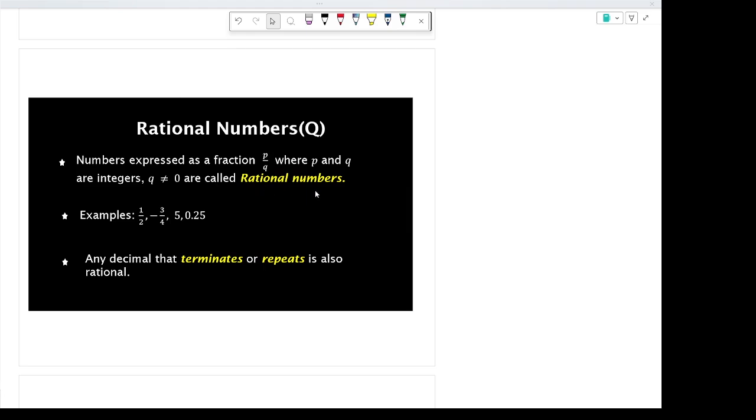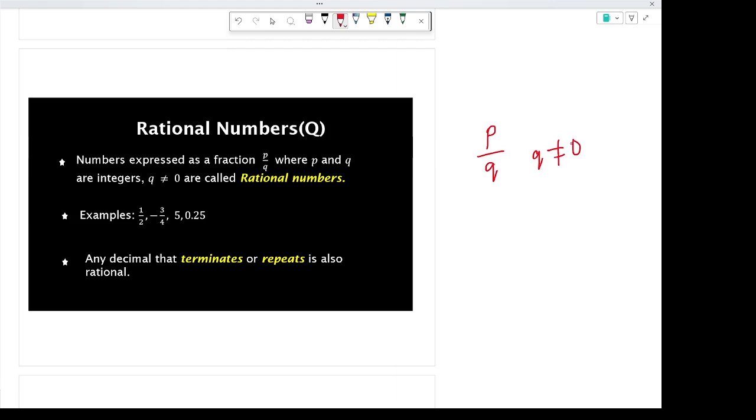So if we have p over q as our fraction, where p and q are integers, and q, our denominator, is not equal to 0, it is called a rational number.